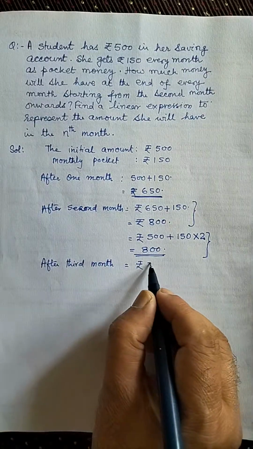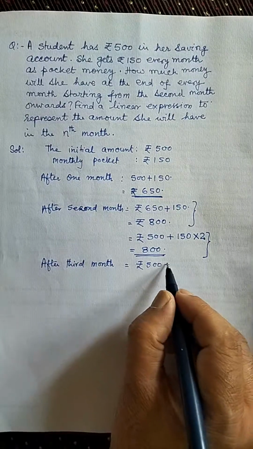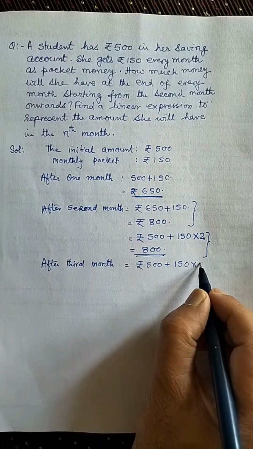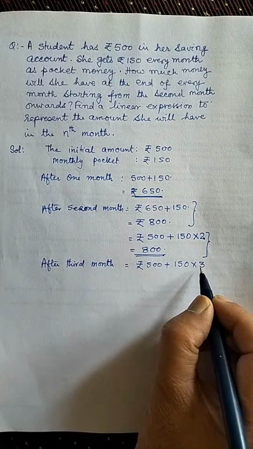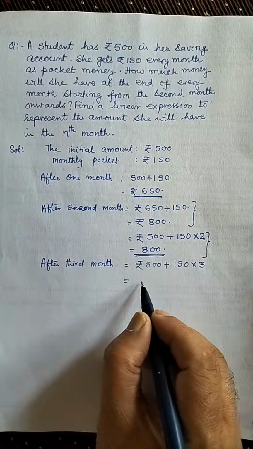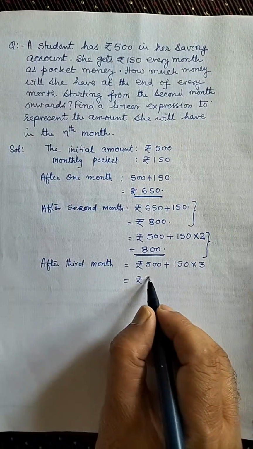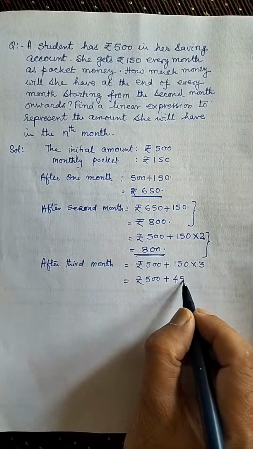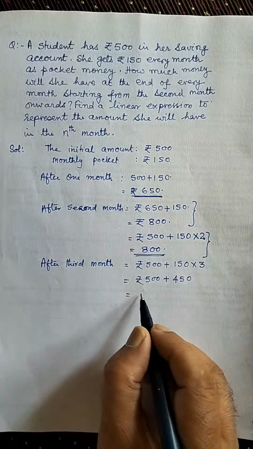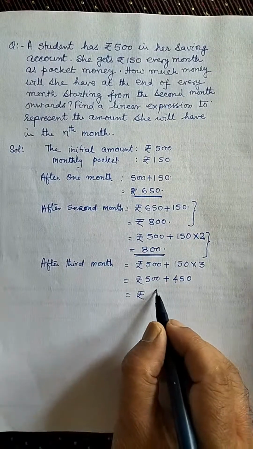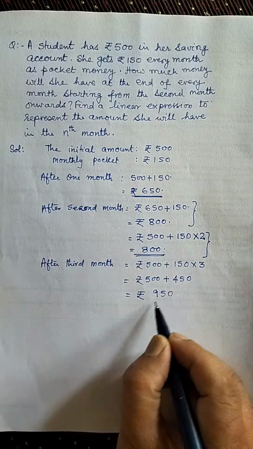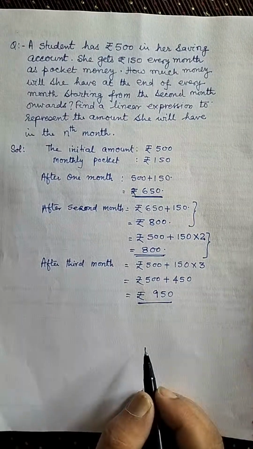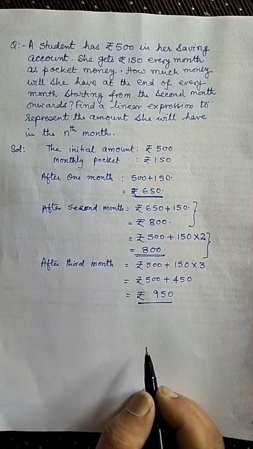Initial amount is rupees 500 plus monthly she gets 150 rupees, and since this is third month I'll multiply it by 3, so this gives me rupees 500 plus 450, and that makes it rupees 950. So at the end of third month she will have 950 rupees in her pocket.